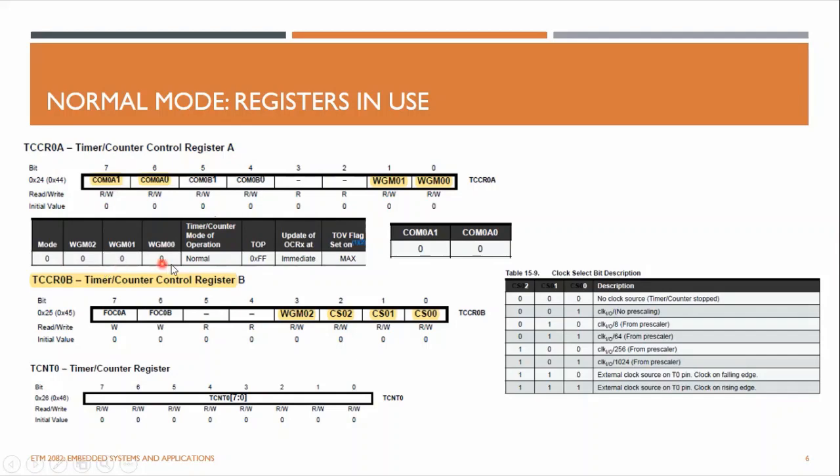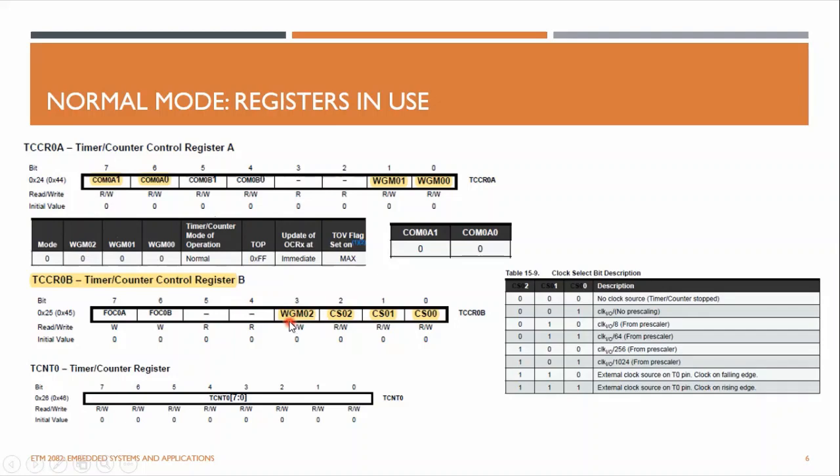So in the normal mode, WGM00 should be 0, WGM01 should be 0, and WGM02 should be 0. WGM02 is not in this register, but in the other register, TCCR0B, as the third bit.